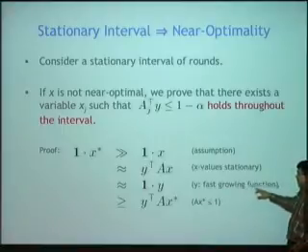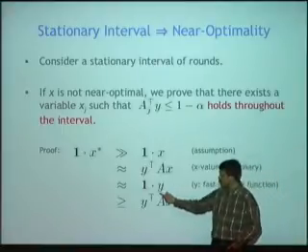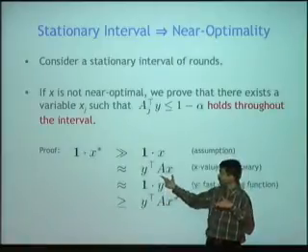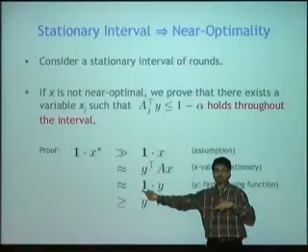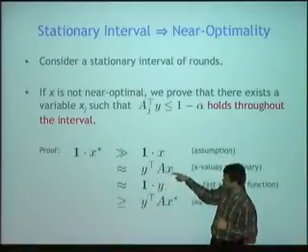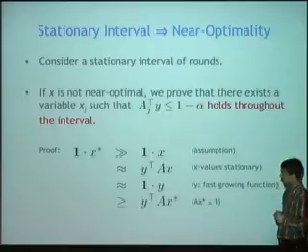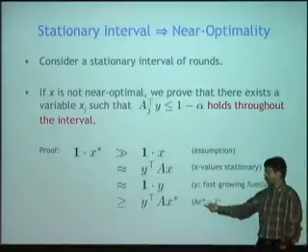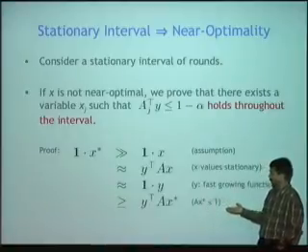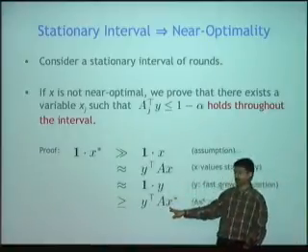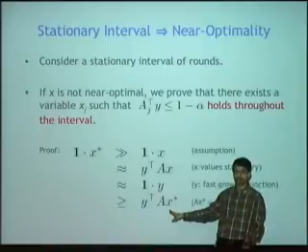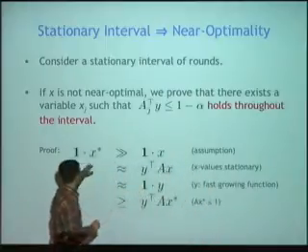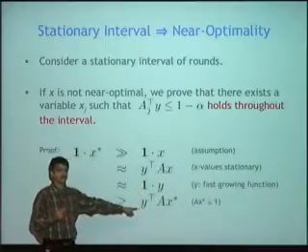But since y is a fast growing function, most of the mass of y is concentrated on those constraints for which ai x is roughly equal to 1. So that's why this is approximately equal to this. And since A x star is at most 1, as x star is an optimum solution so it satisfies the constraints, this is at least y transpose A x star, right? So in a nutshell, what we get is that 1 dot x star is much larger than y transpose A x star.